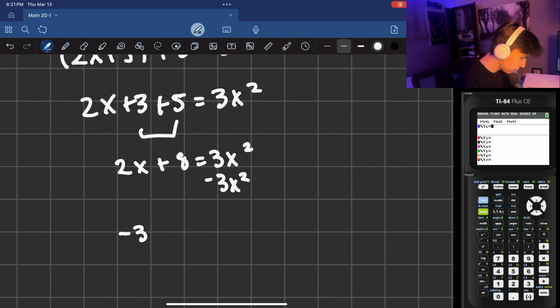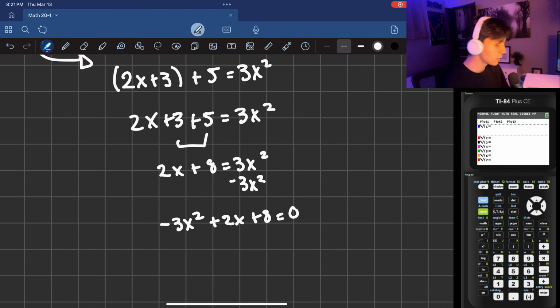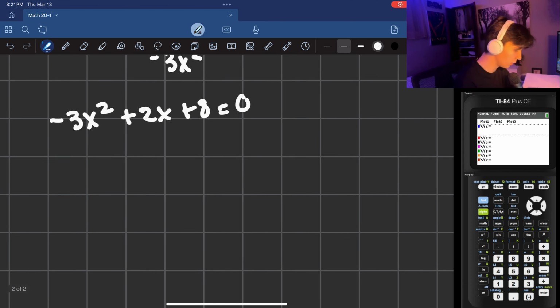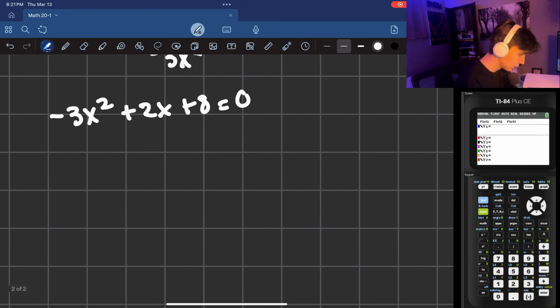So you get negative 3x squared plus 2x plus 8 is equal to 0. So now what we're going to do is we're actually going to solve for x. So let's look for our x value here. So let's try factoring. So two numbers that multiply to negative 24 and add to give us 2.